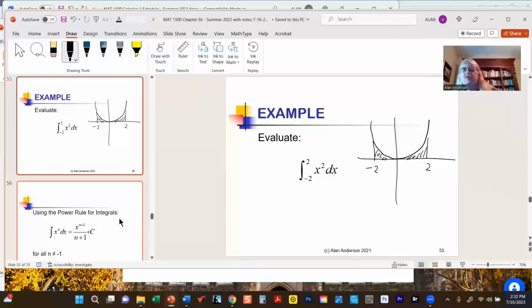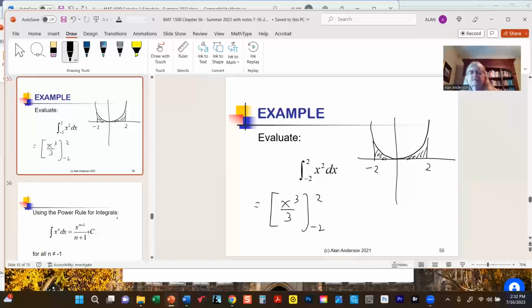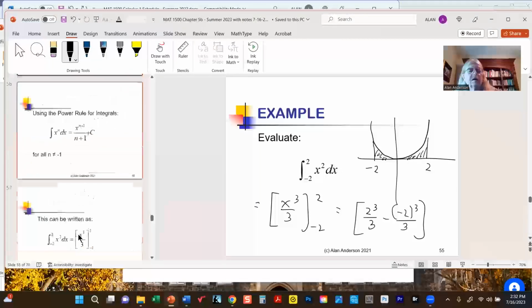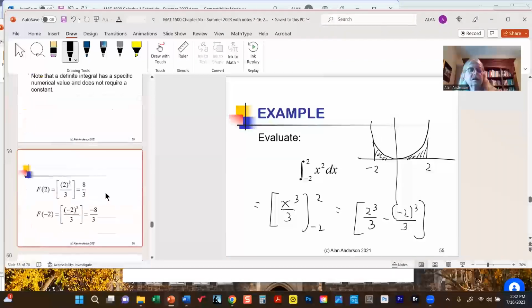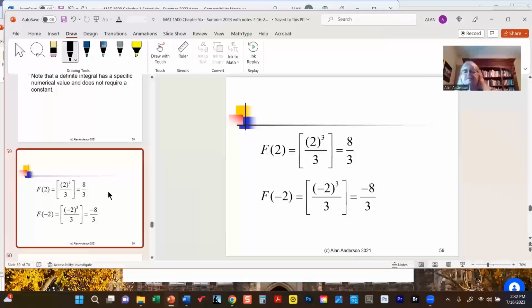So what we're going to do is, first of all, obviously use the power rule, evaluating this between -2 and +2. So what do we have? 8/3 minus 8/3.